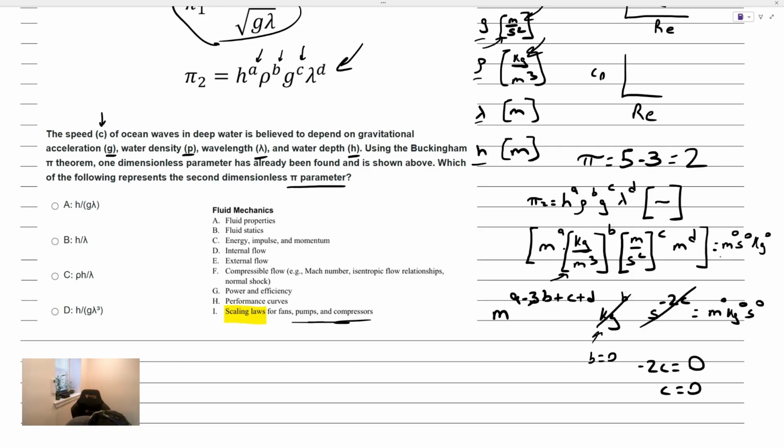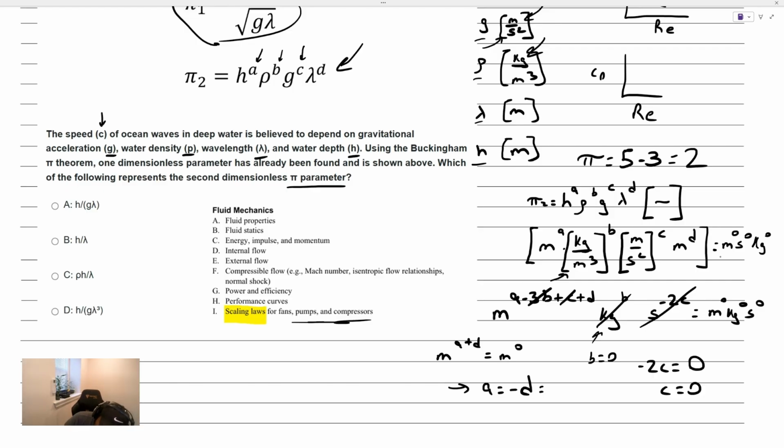We know that B is 0. We also know that C is 0. So what this equation is telling me is that m raised to the A plus D must be equal to m to the 0, or A is equal to negative D. Now we know that our pi parameter has the following form. The a exponent is equal to the negative d exponent.